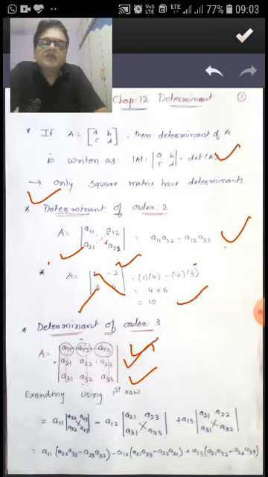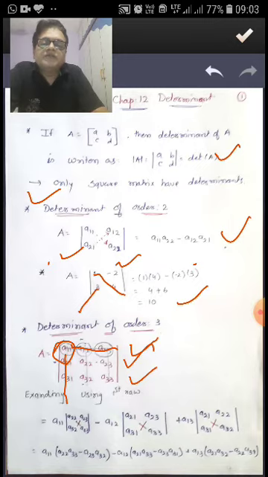So take a11 of the first one and cancel the row and column in which a11 lies, means first column and first row. So a11, first column and first row removed. So what is remaining? a22, a23, a32, a33. Take the determinant of that.